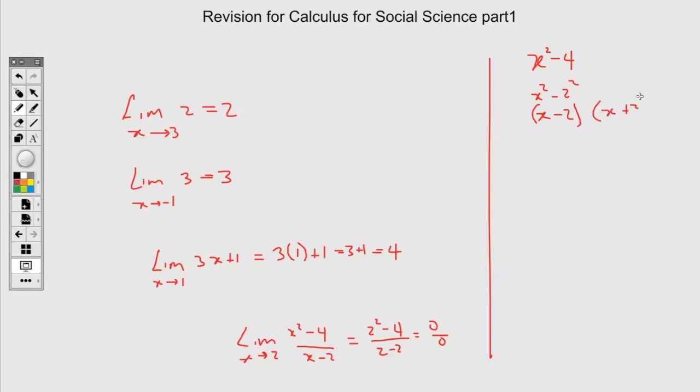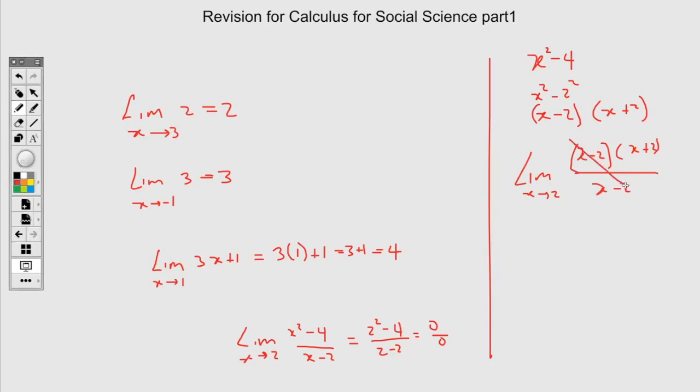So that means I can replace this numerator. So I have the limit as x tends to 2 of x minus 2 times x plus 2 over x minus 2.